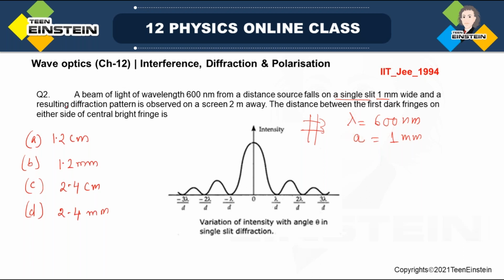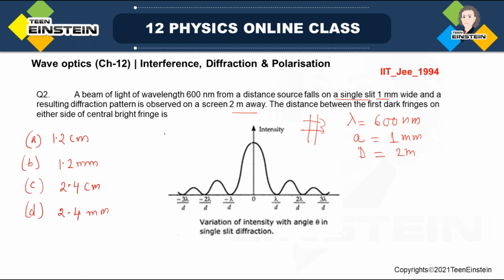The resulting diffraction pattern is observed on a screen 2 meter away. That means the capital D is also given, 2 meter. So these are the parameters given. Now you have to find the distance between the first dark fringes on either side of the central fringe.